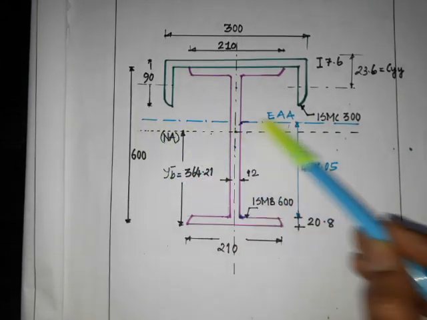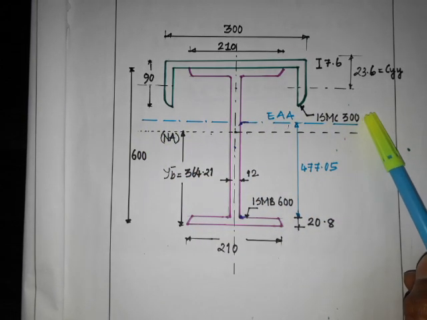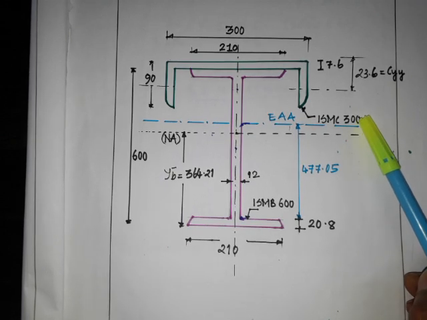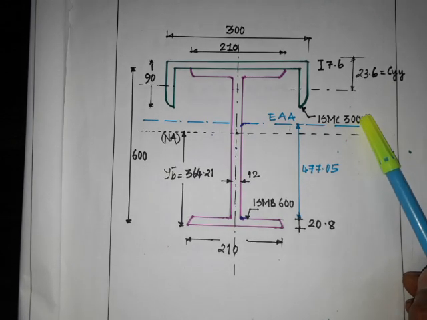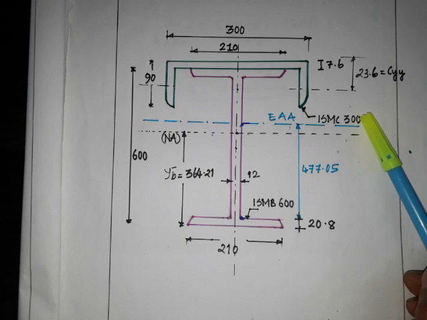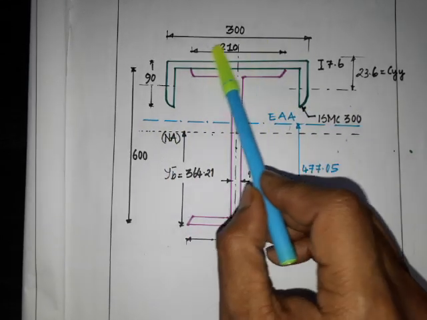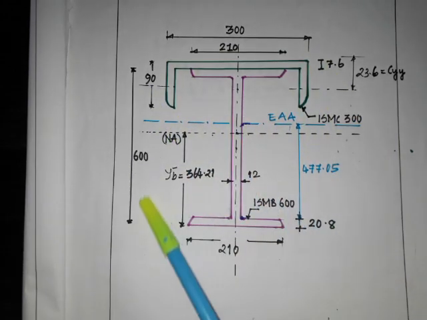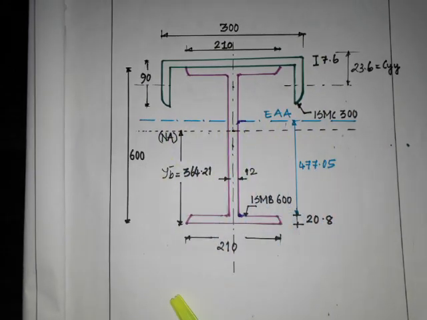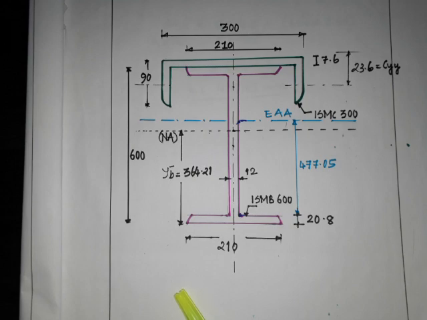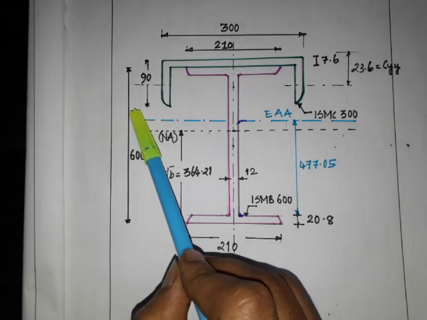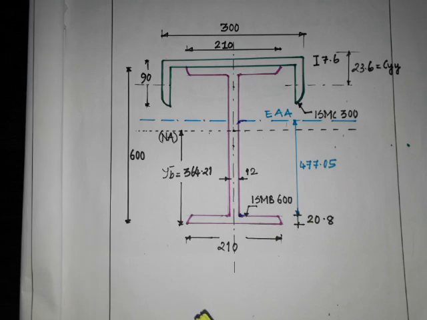So what is equal area axis? The area of the section gets divided equally with respect to the equal area axis, that is, area above the equal area axis and area below the equal area axis. For the calculation of plastic section modulus we have to locate the equal area axis first, then only we can find out the plastic section modulus.